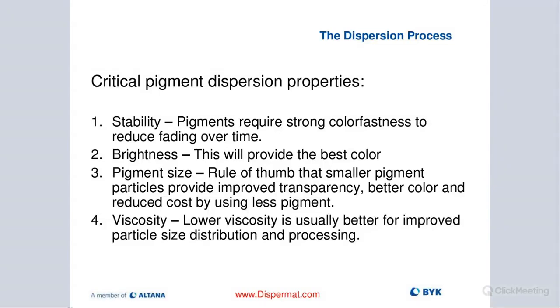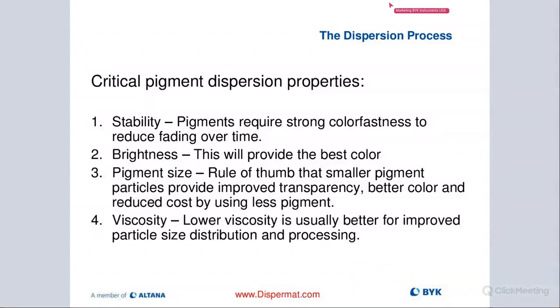And then pigment size, obviously, the smaller the pigment particles, our transparency would improve, we get better color. And then, like I said earlier, we can reduce costs by using less pigment, which helps everybody out when we go to market. And then also viscosity.